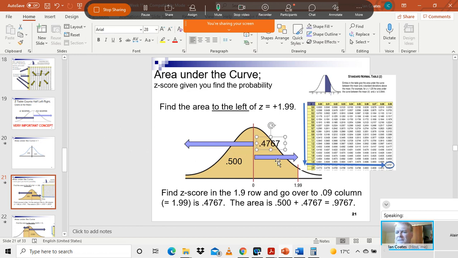So what does that mean? This is 50%. This right here is 47.67%. So if I want to find the area under the curve for all of these guys, easy peasy, I just add them up. Okay, so the probability of choosing an apple from this group here is 97.67%.